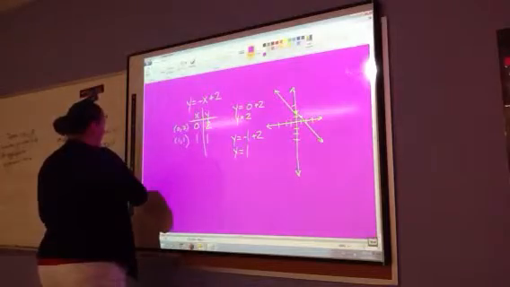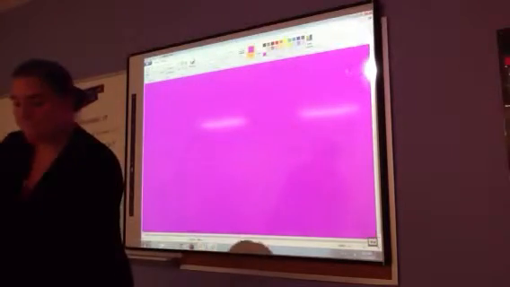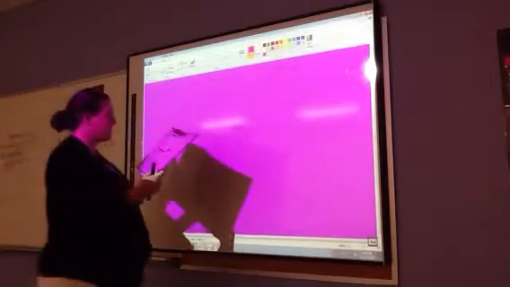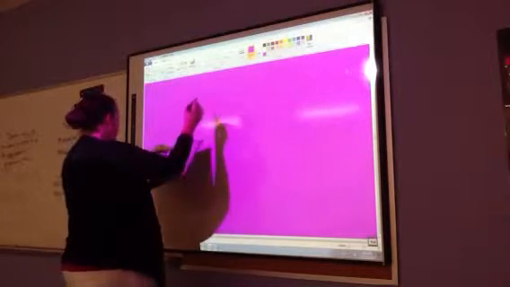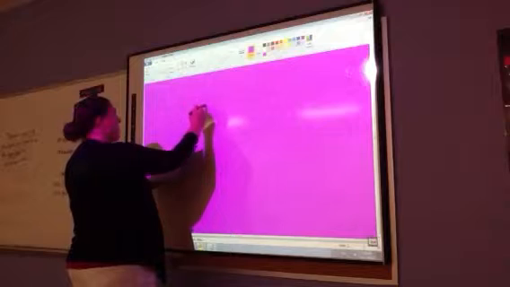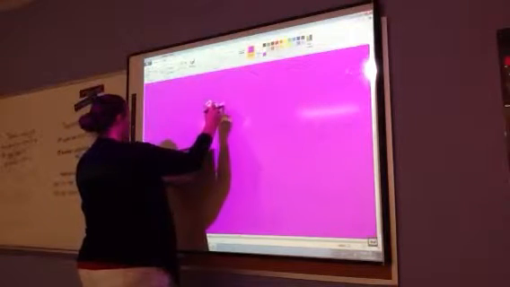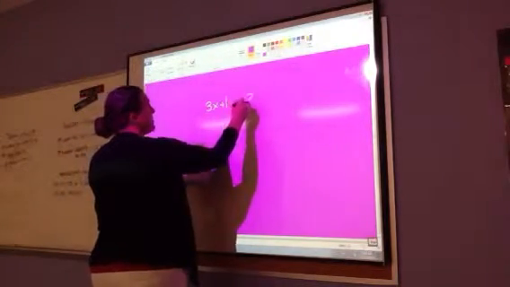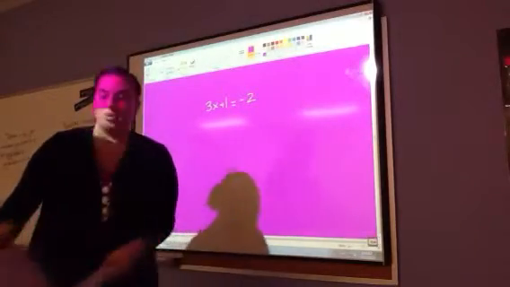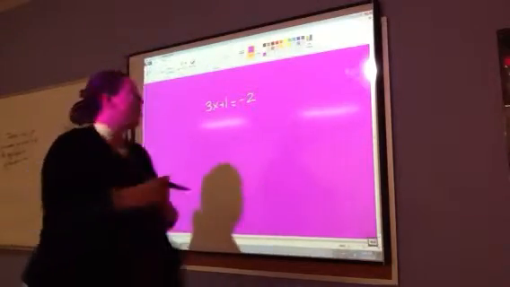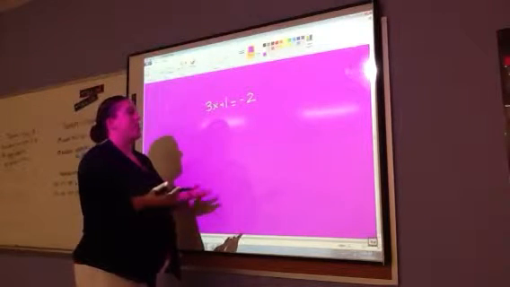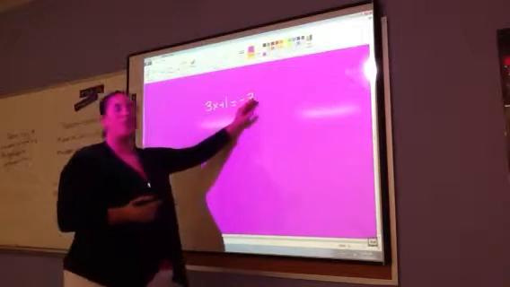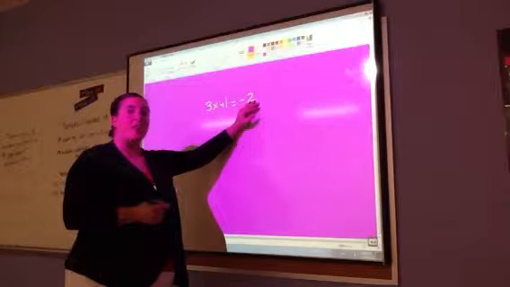So let's look at another. Alright, the next one we're going to look at is 3x plus 1 equals -2. Again, we can do the same thing. This is not actually going to be a normal linear graph that we would have had.